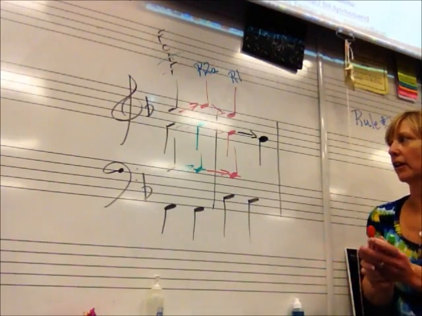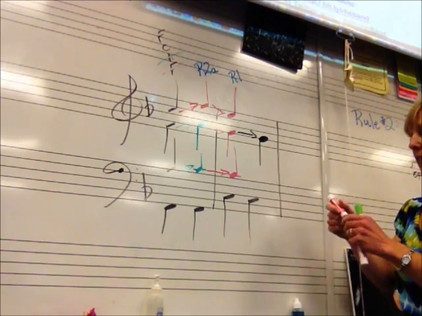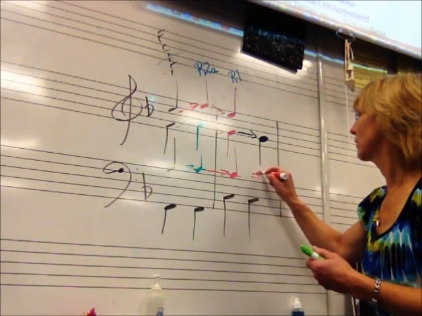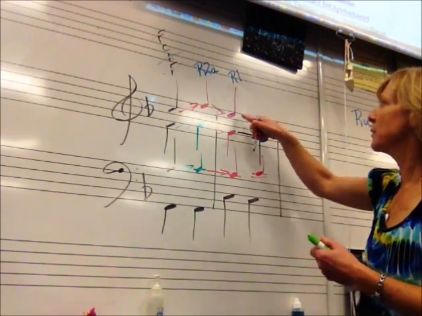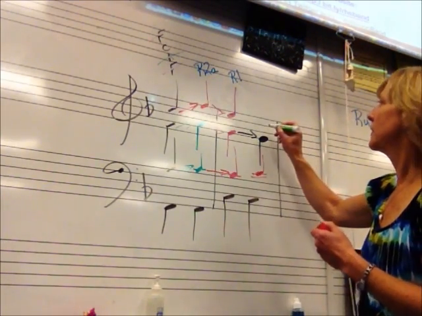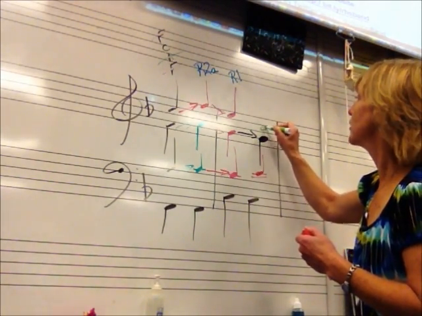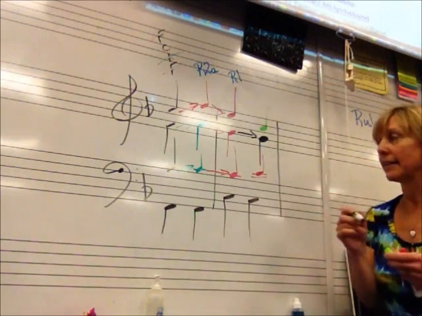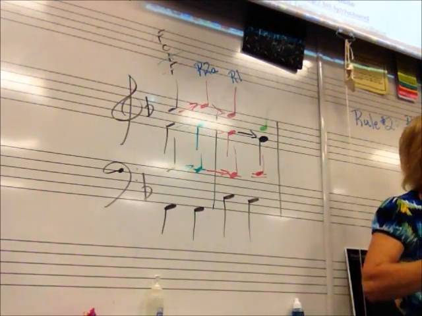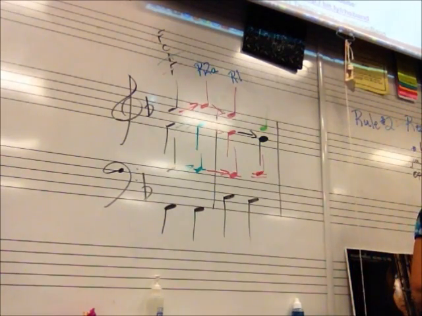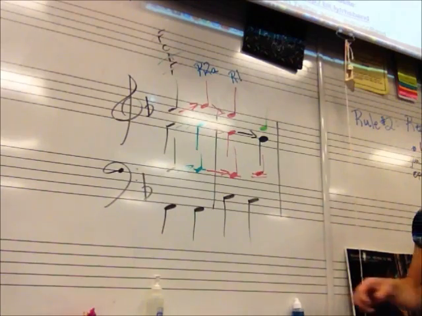So my tenor is going to take the E, and my soprano is going to take the C. Notice they're moving in opposite directions, and they're both leaping. That is okay. Lindsay, how do you know whether to use option 1 or option 2?